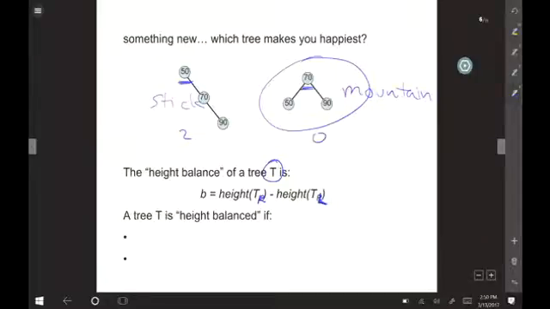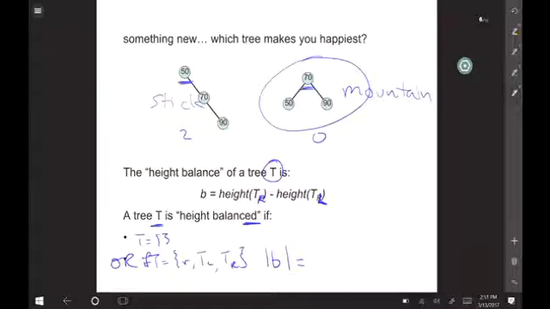A tree itself, we say, is height balanced if we're going to put a constraint on the metric, if the tree is empty, or if it's not empty, the absolute value of B is, you want me to say 0, right?